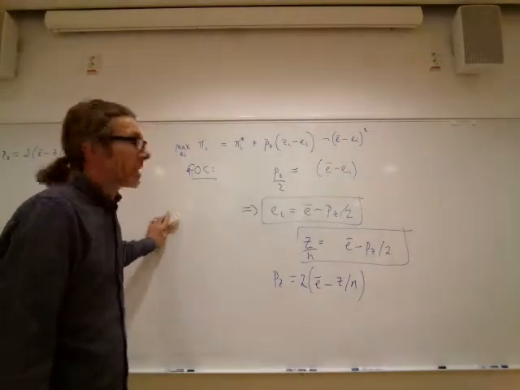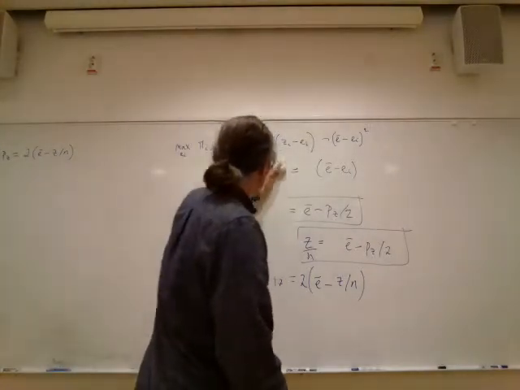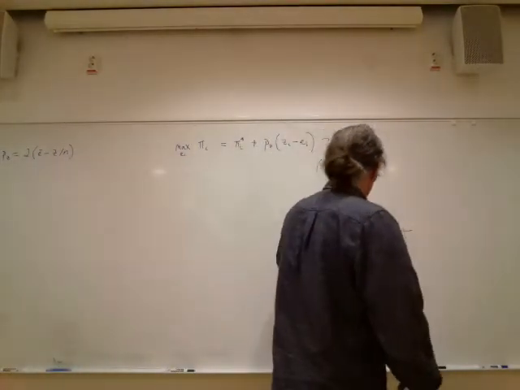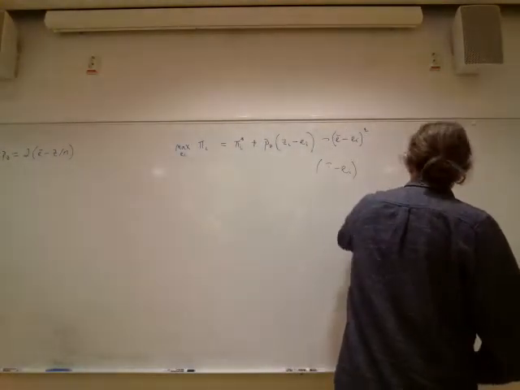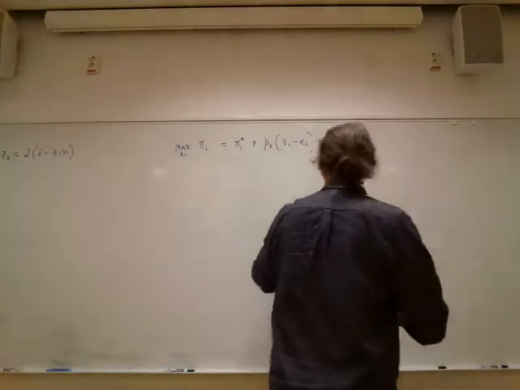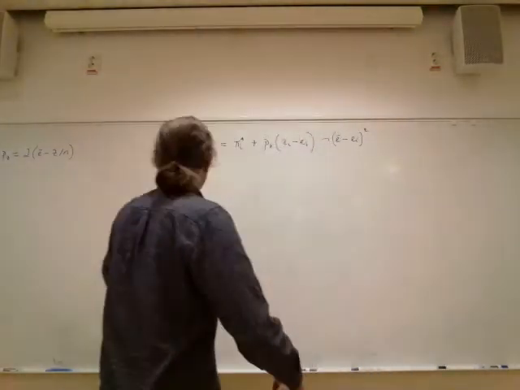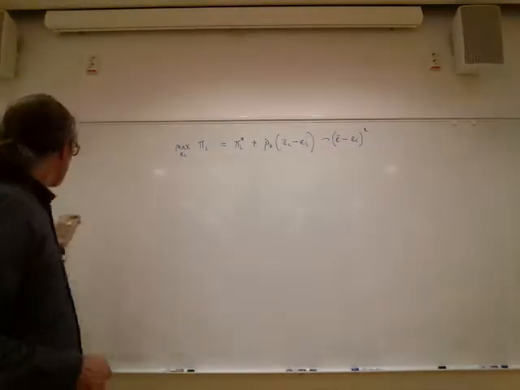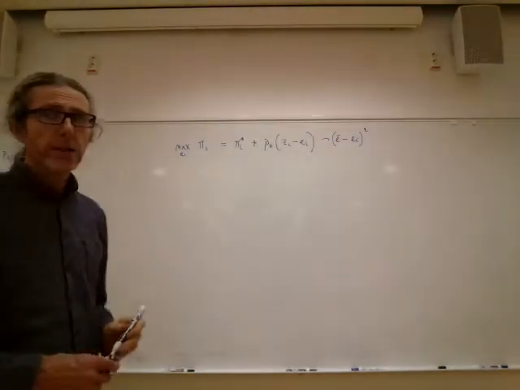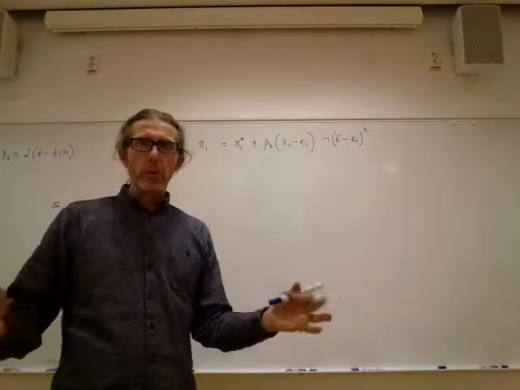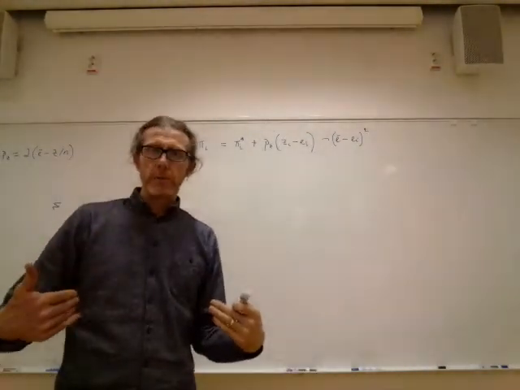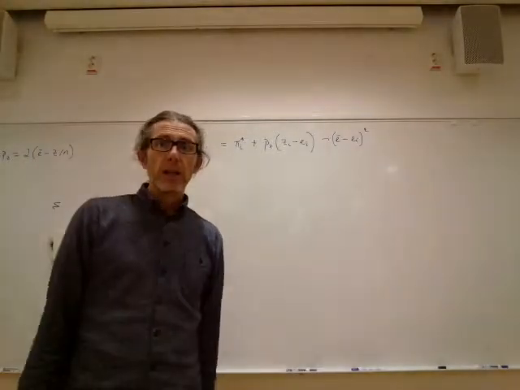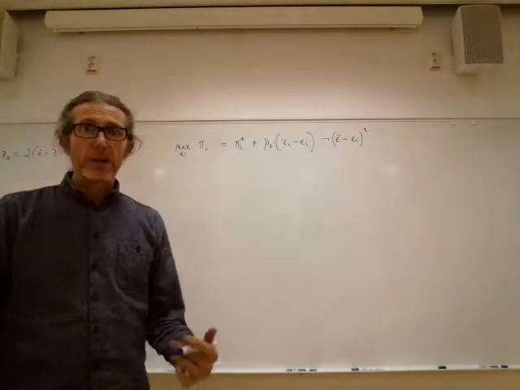Now we're going to look at part B. And in part B, we've still got N firms. I could maybe have stated that a bit more clearly. There's still N firms, but one of them is given all the permits, and it's then free to sell them to the others.